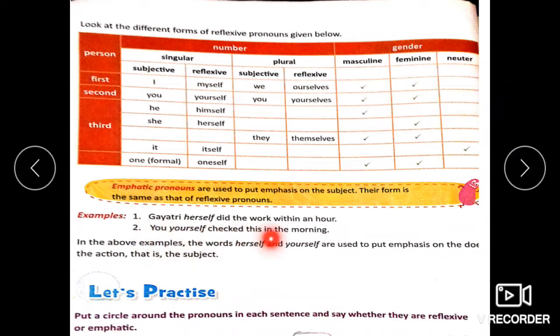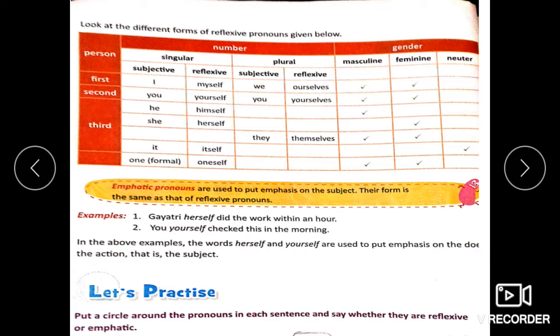You yourself checked this in the morning. Here again, yourself emphasizes back to the subject you, but yourself does not work as an object in the sentence. So you yourself here emphasizes on you and is used as an emphatic pronoun. Now I hope this is clear to you. Sit back, listen to this explanation and try to understand and think of the differences.